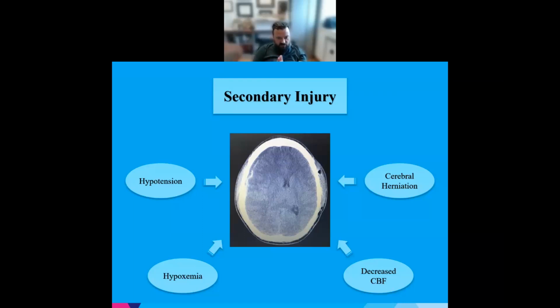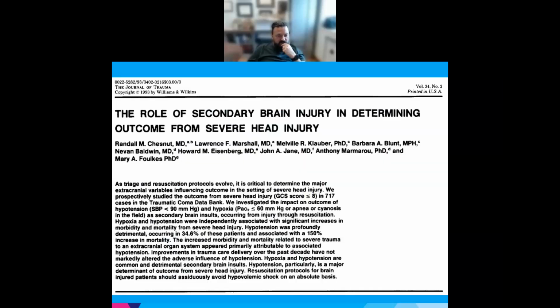And particularly, like I said, our patients are at risk of neurological decompensation, but they're at extremely high risk of respiratory decompensation as well. And if they decompensate respiratory-wise and have hypoxemia, or that then leads to hypotension secondary to their respiratory issues, that can lead to significant secondary injuries.